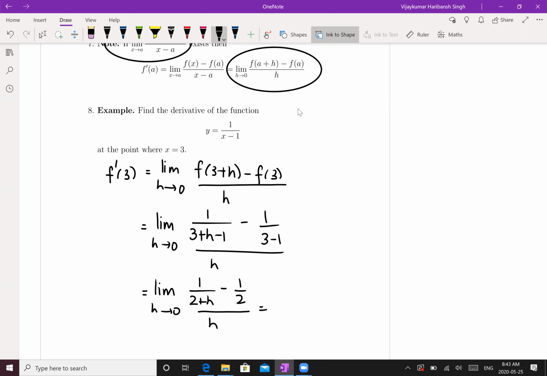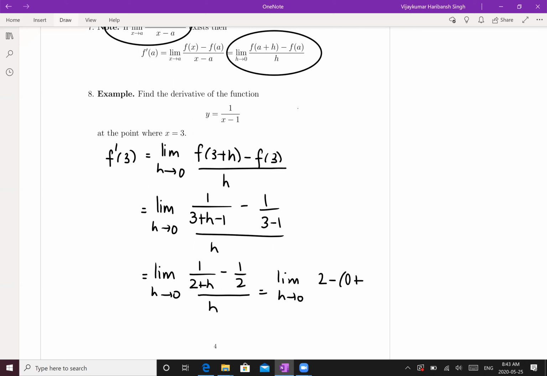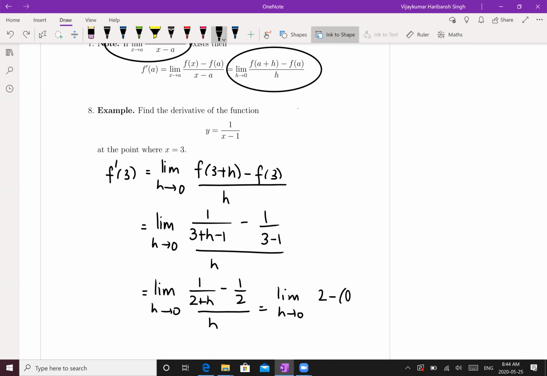Now we need to simplify this. We need to cancel the common factor of h from top and bottom. So we cross multiply. So this is going to be 2 minus (2 plus h), multiplied by, divided by 2 plus h times 2 times h.